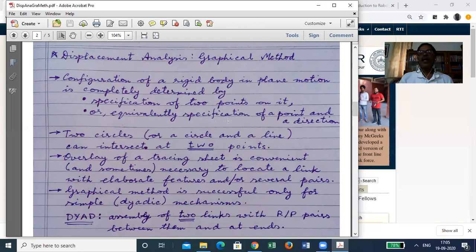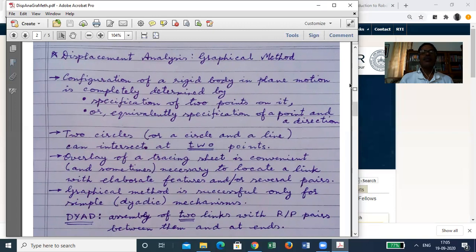So, for example, if you position the nose of the person, in the image, if you specify the nose of the person and then the central line through the head, nose, lips, and so on, then the image of his face you would have located, assuming that the face is a rigid body.